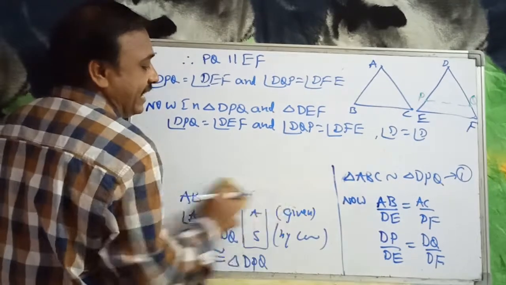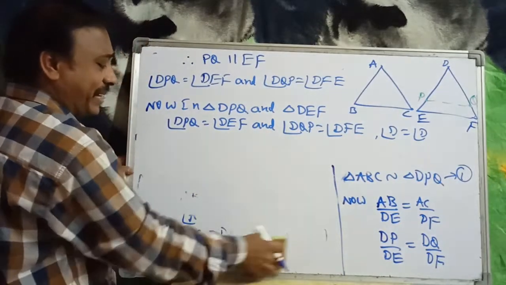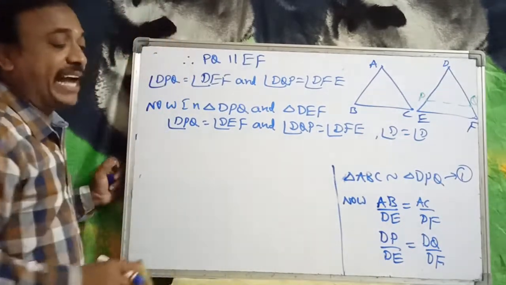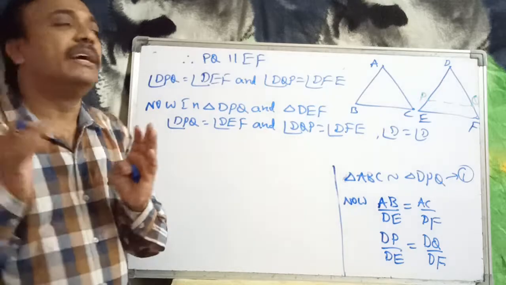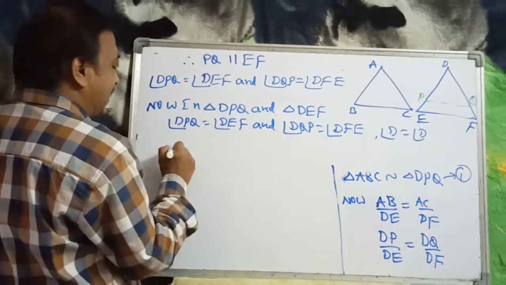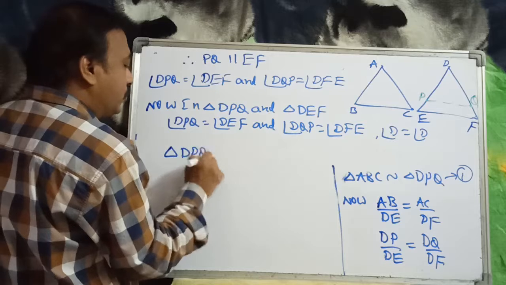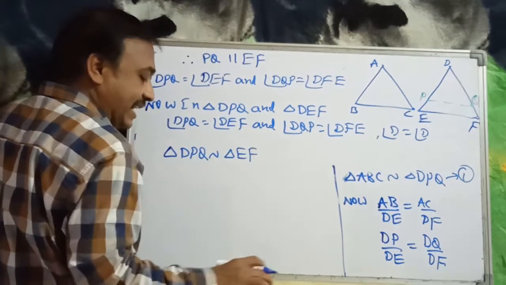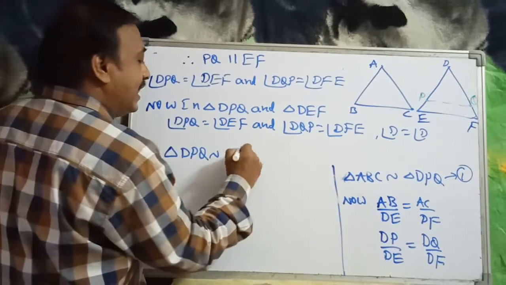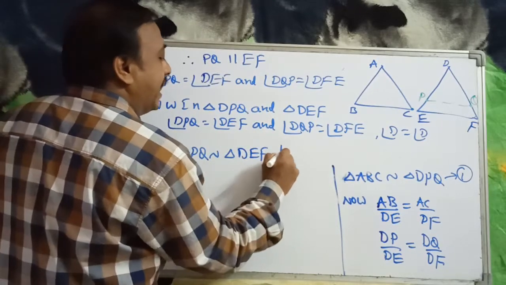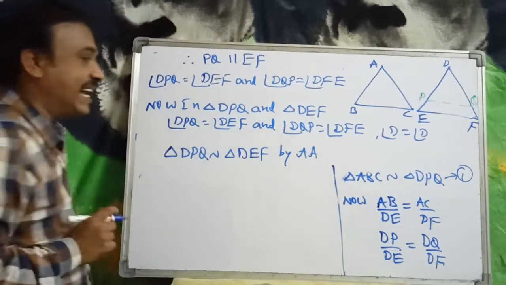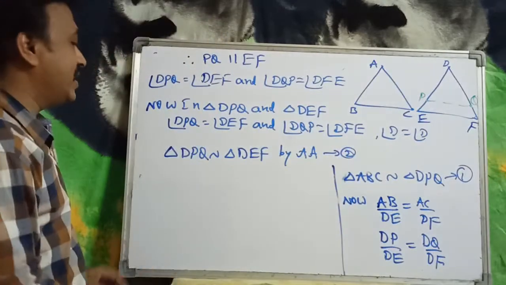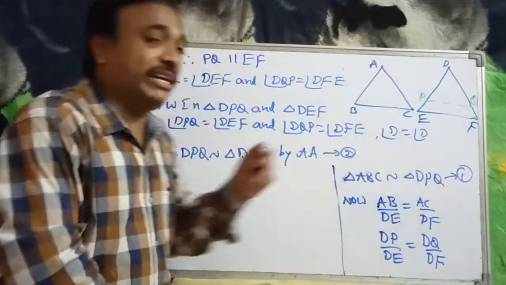If two angles are correspondingly equal in one triangle, then by angle sum property the third angle will be equal. So triangle DPQ is similar to triangle DEF by AA similarity. Let this be equation 2. What is equation 1? ABC is similar to DPQ.